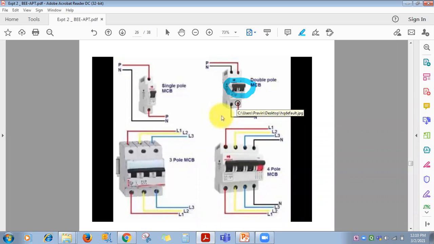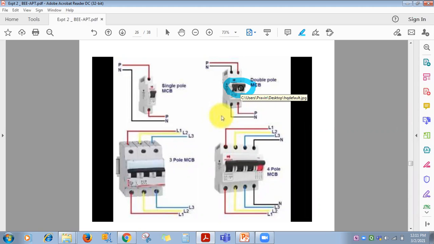So first, it is acting as a switch. Whenever you want to switch the power supply on or off, you manually switch it on and off. Second, in case of overload and short circuit, this switch automatically trips off, meaning it makes the circuit open.